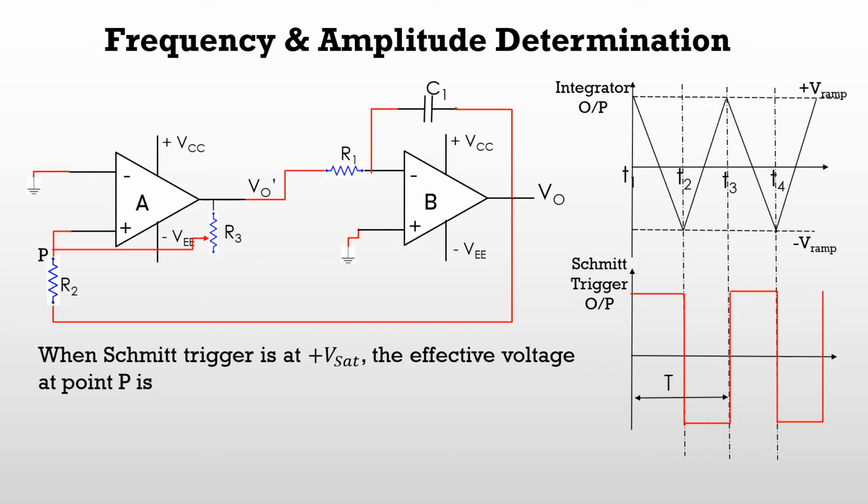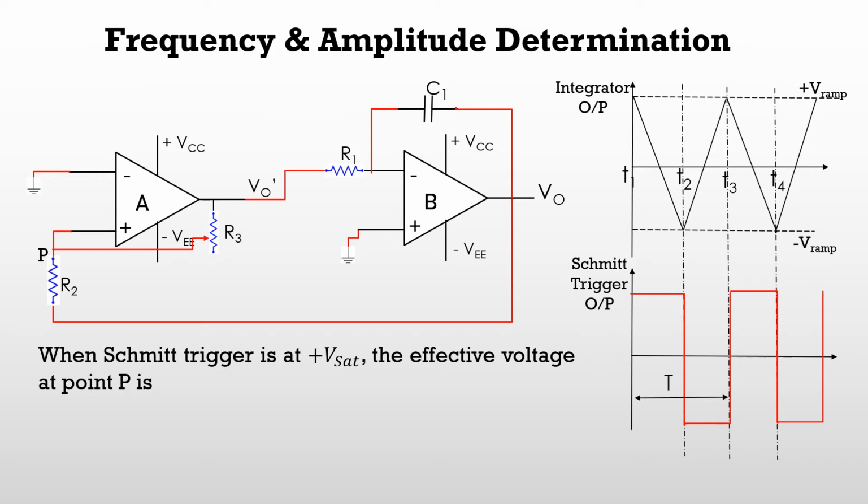Now initially, when the output of the Schmitt trigger, that is op-amp A, is plus Vsat, the output of op-amp B steadily decreases till it reaches minus V ramp. When the output reaches minus V ramp, the output of A immediately shifts from plus Vsat to minus Vsat.